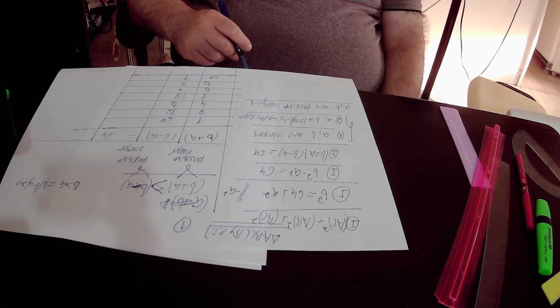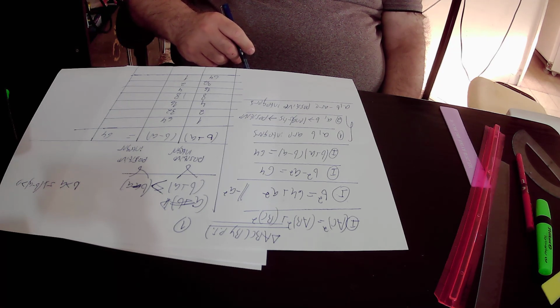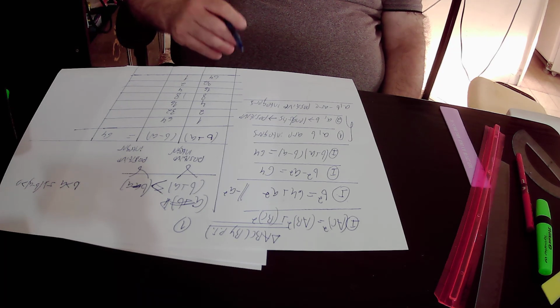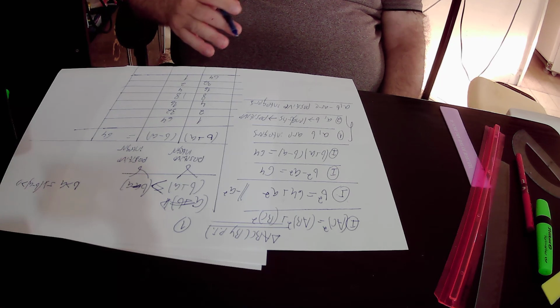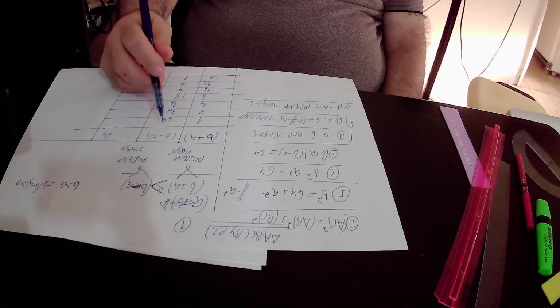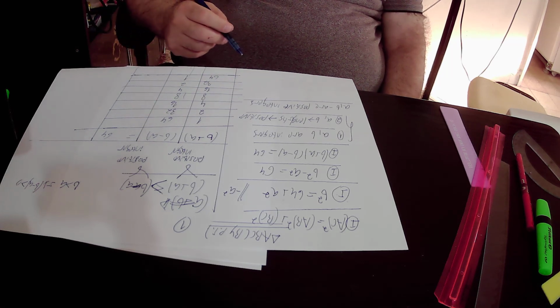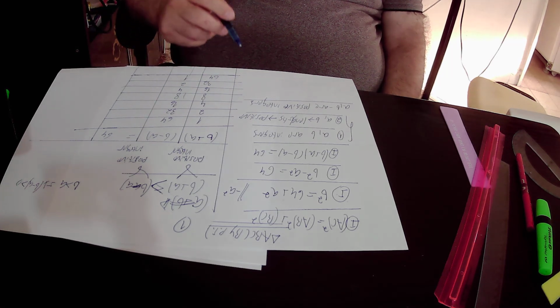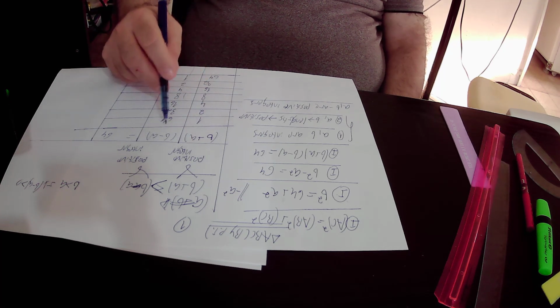So we must cancel, delete all the possibilities that do not obey the following rule, that the first column must be greater than the second column, because b plus a must be greater than b minus a.